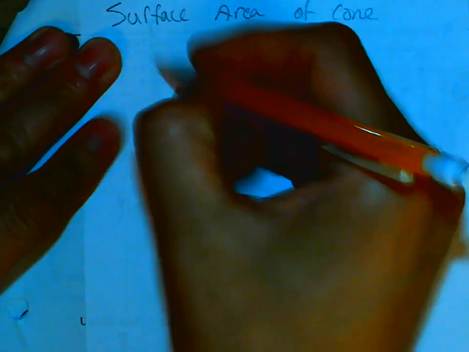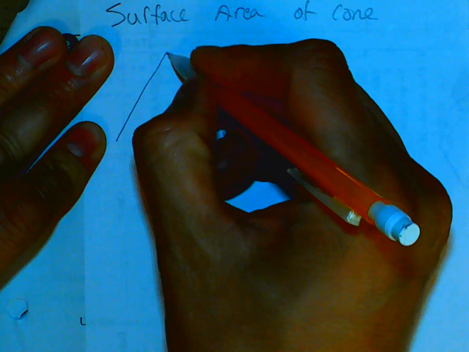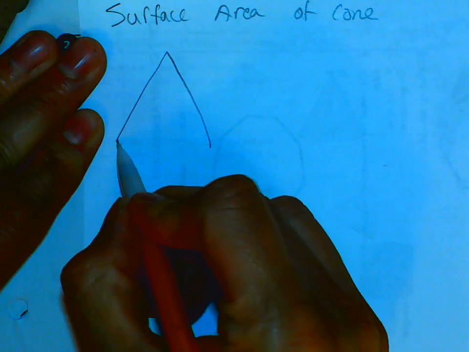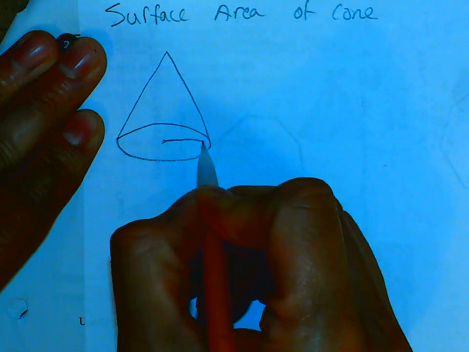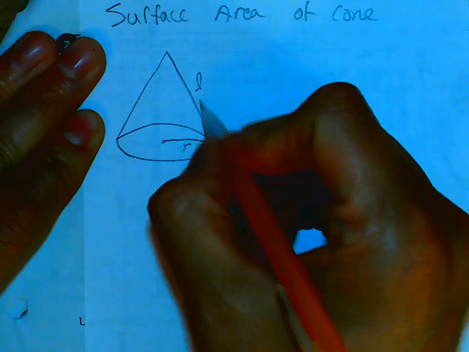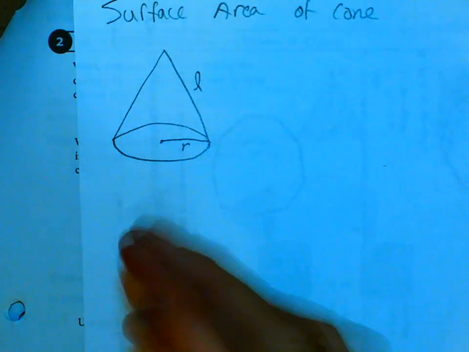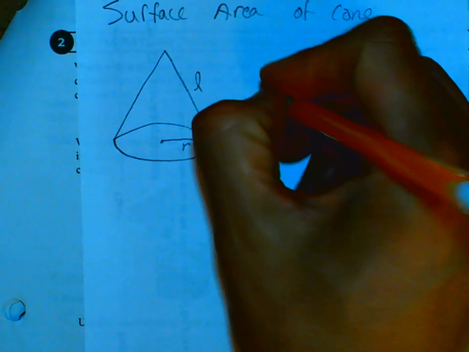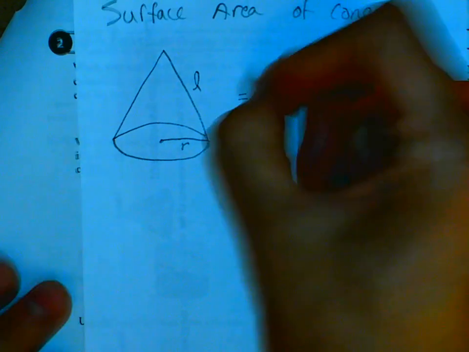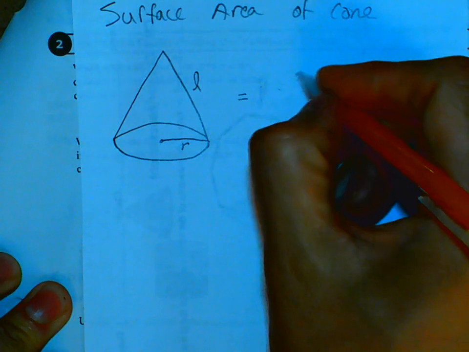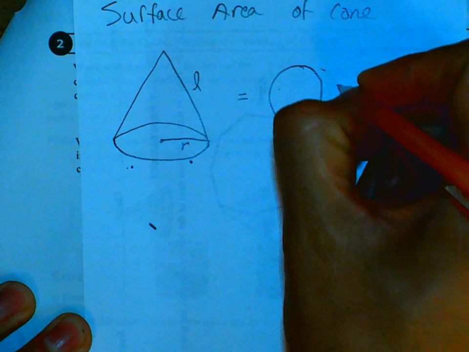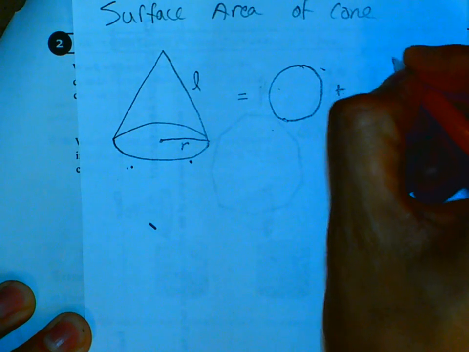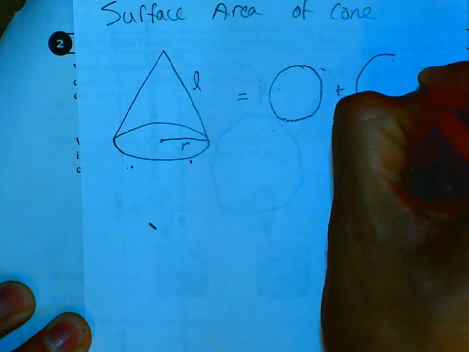So if I were to draw a cone like this, I have a radius of r and a slant height I'm going to call L. Now, if I were to cut this up, I'm going to get the equivalent of the circle at the bottom plus part of a bigger circle, not the full circle though.